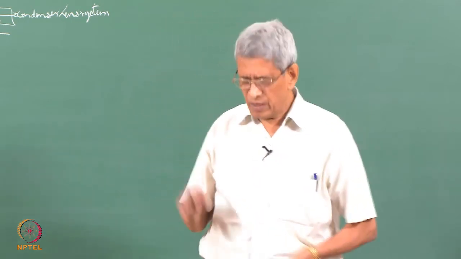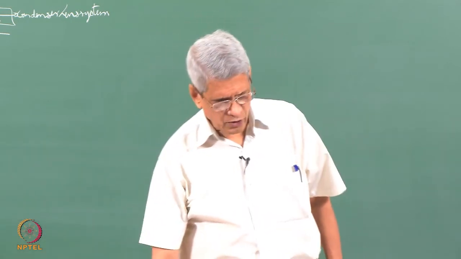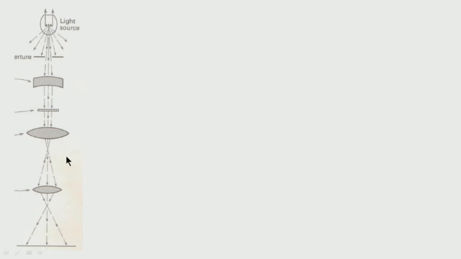First, let us look at a schematic diagram of an optical microscope. Whatever I have explained, exactly the same thing we look at here, because everybody is familiar with an optical microscope, or you have some idea of the basic components in it. We have a light source, then an aperture, then a condenser lens system.